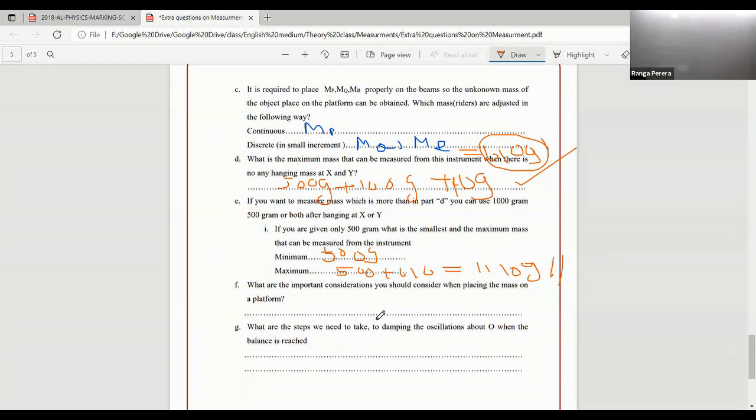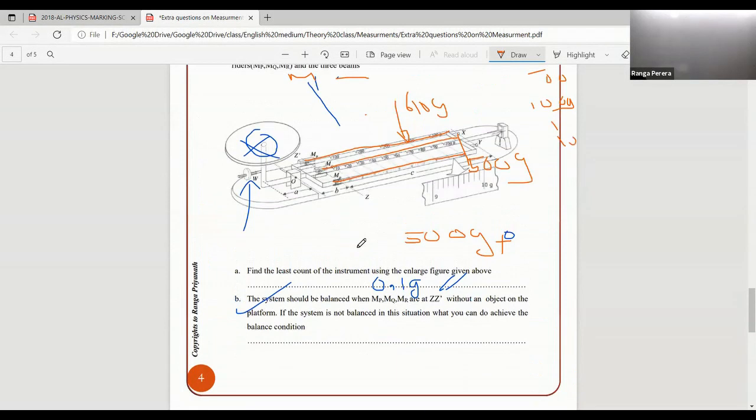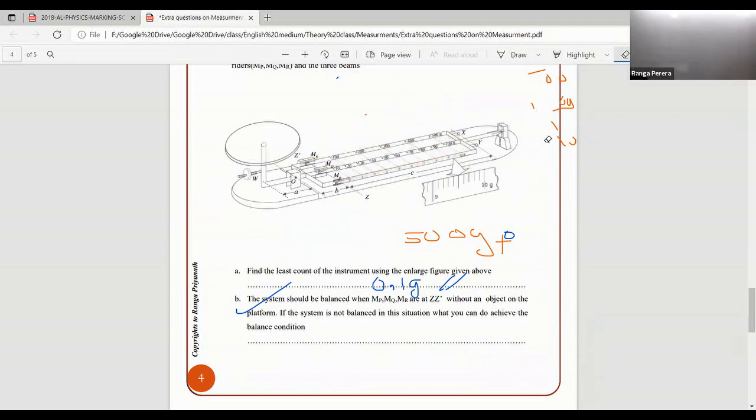What are the important considerations you should consider when placing the mass on the platform? There is something called center of gravity, the center of gravity of an object. This section will be discussed under mechanics number 6, the center of gravity section. But anyway, I'll just highlight a few points.